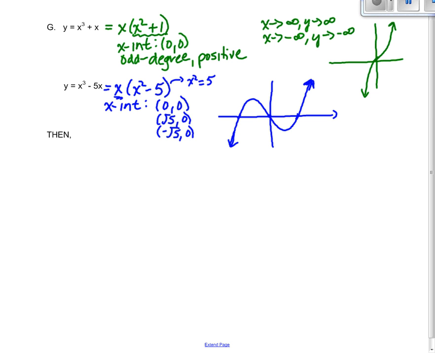Those two functions are called odd functions. They are odd degree as well, but that's different. Odd degree just is because it's a cubic.